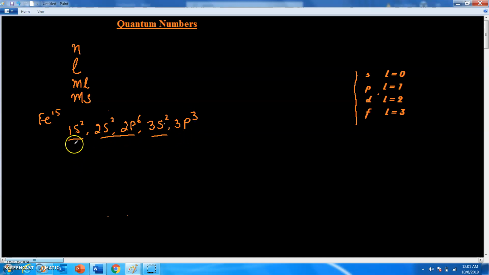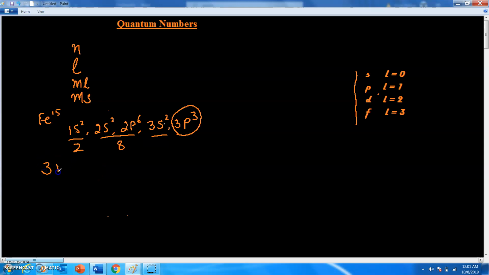So, in the first shell there are 2 electrons, in the second there are 8 and in the third there are 5, which is not fully filled, that is unfilled. 3p3 is unfilled. We will take this only to find the quantum numbers.